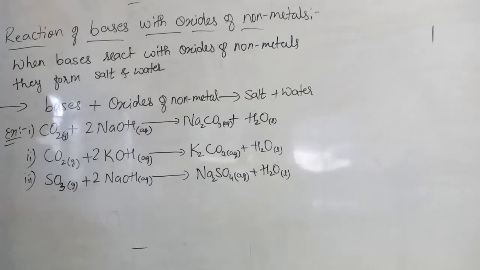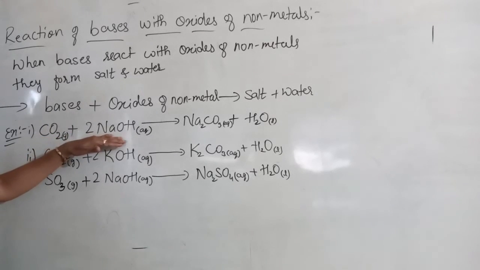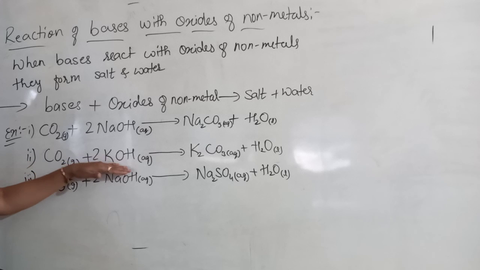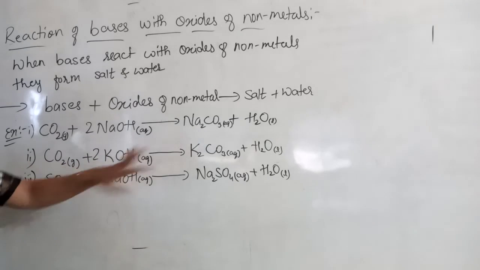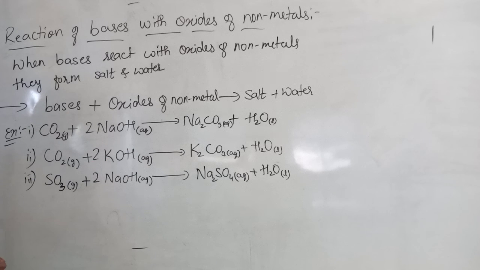So whenever oxides of non-metals react with bases, they form salt and water. Carbon dioxide reacts with sodium hydroxide to form sodium carbonate and water. Carbon dioxide reacts with potassium hydroxide, KOH, to form potassium carbonate and water. Sulfur trioxide reacts with sodium hydroxide to form sodium sulfate and water.